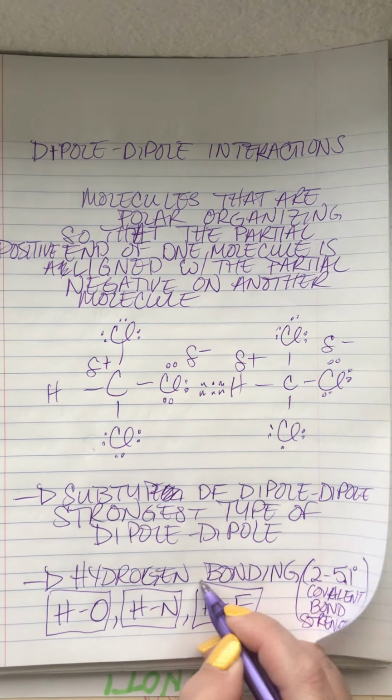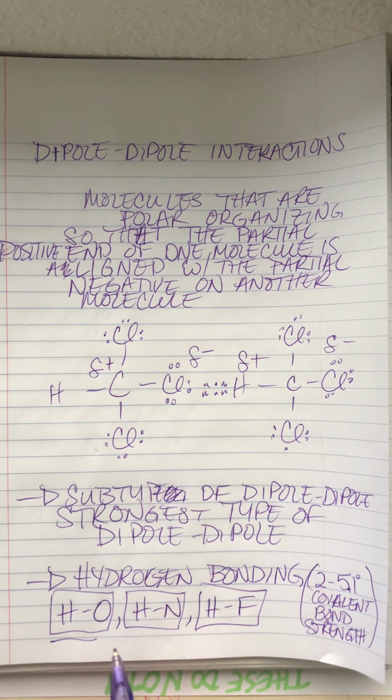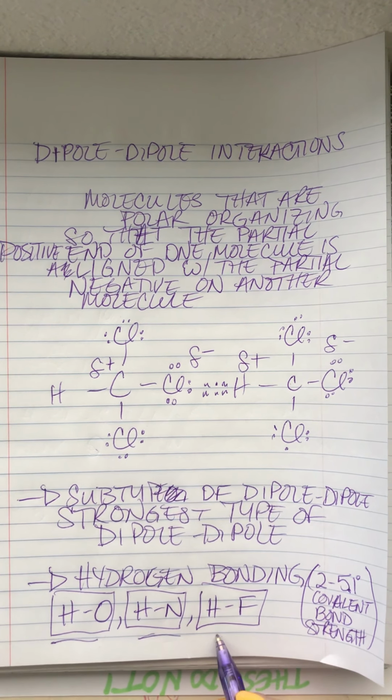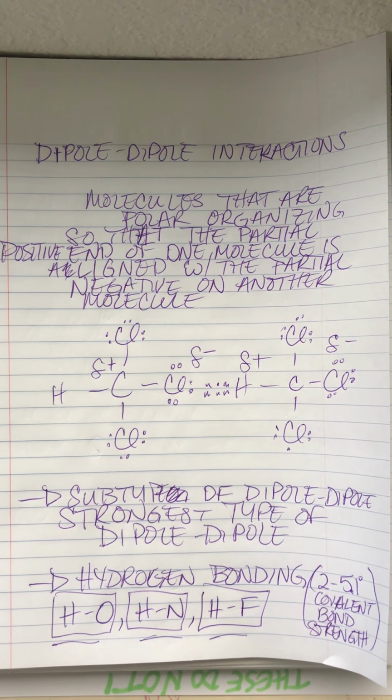So that's the only options that this type of dipole-dipole hydrogen bond can happen with. Right? So when you talk about dipole-dipoles, generally, a hydrogen bond is a type of dipole-dipole. It's the strongest type, but not all dipole-dipoles are hydrogen bonds, right? The only dipole-dipole that are hydrogen bonds are ones that involve hydrogen bonded to oxygen, hydrogen bonded to nitrogen, or hydrogen bonded to fluorine. Okay.